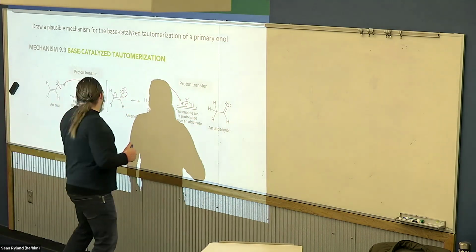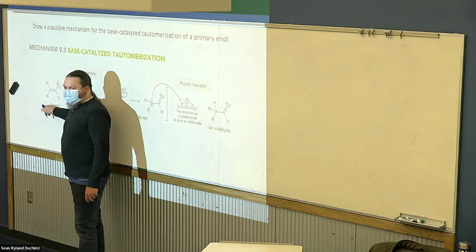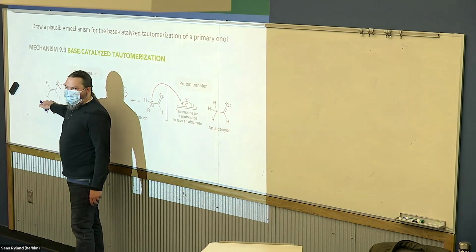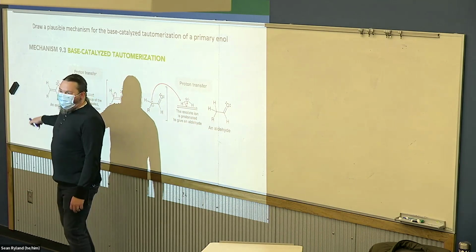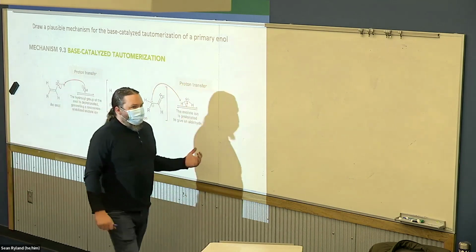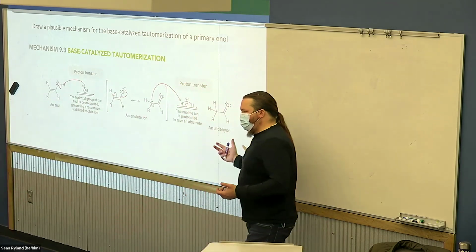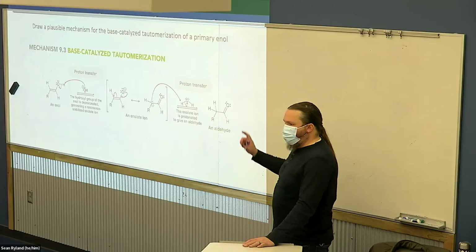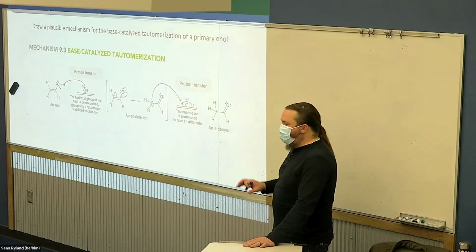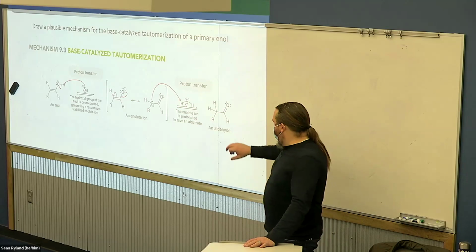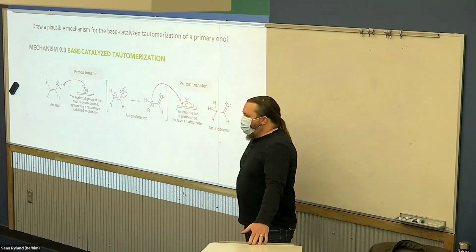And so even though technically this is the end of the hydration, we did hydrate one of our pi bonds, we added a water molecule, it doesn't stop there. Just like we never stop our mechanisms with a charged molecule, we always show that last proton transfer or whatever to make it the more stable molecule. Same thing here with the tautomerization.